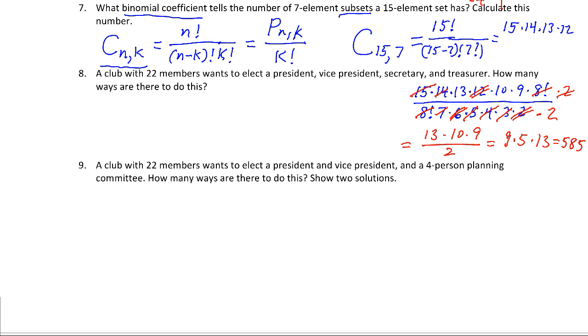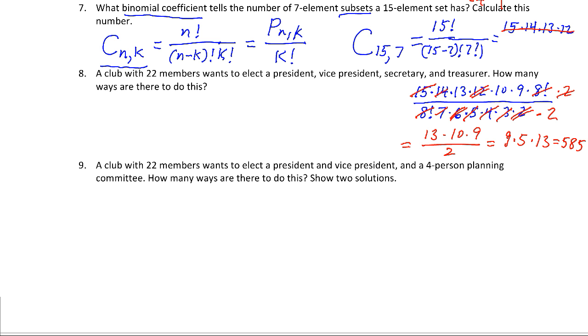Okay, so that's a great example of how you can simplify these things with lots of cancellations as you write out the factorials. And the first trick is to go ahead and write out the numerator all the way down and then use it to cancel one of the denominators.